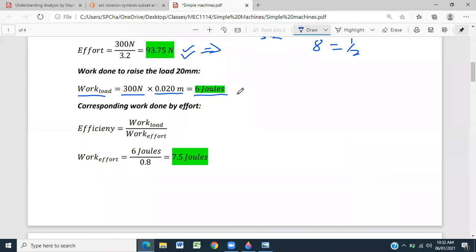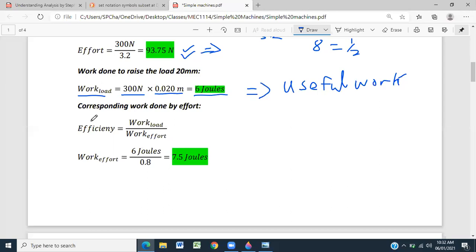Good. Now, we know that the work done on load, the useful work, relates to the work done by the effort, or the work we put into the system, by means of efficiency. So the work done on load, useful work, divided by the work done by the effort, that's equal to the efficiency, right?